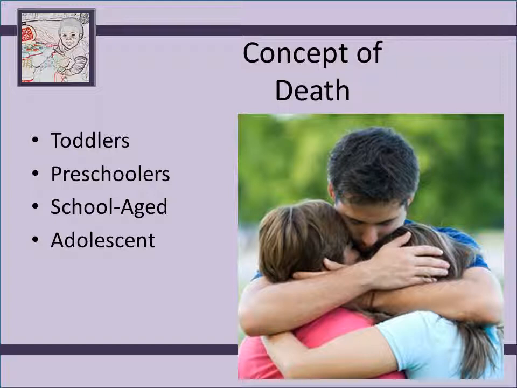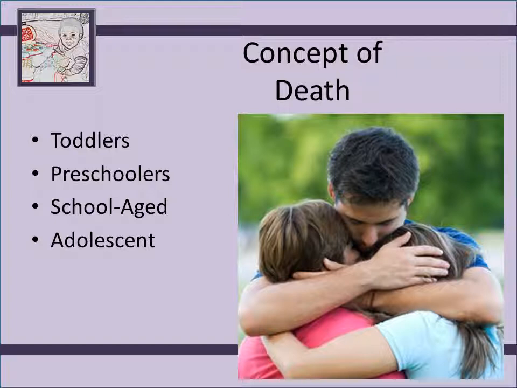With a school-aged child, they do understand that death is permanent and final. They believe that they might die, but it's going to be in the very distant future. They begin to understand that death is universal and fear that their parents will die someday. They do have fears of a painful death, and they associate doing a bad deed or thought with that being the cause of the death, and so they feel intense guilt.